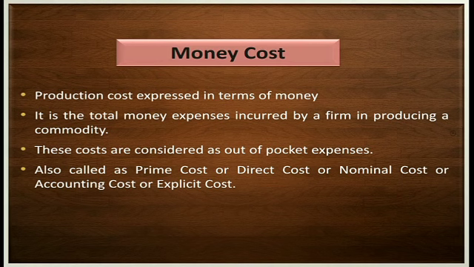Money cost includes the expenditures such as cost of raw materials, payment of wages and salaries, payment of rent, interest on capital, expenses on fuel and power, expenses on transportation and other types of production related costs. These costs are considered as out-of-pocket expenses, and money costs are also called as prime cost or direct cost or nominal cost or accounting cost or explicit cost or out-of-pocket cost, suiting to context.